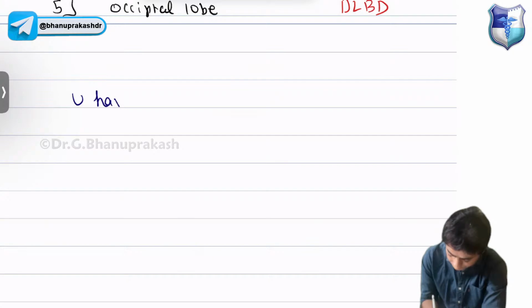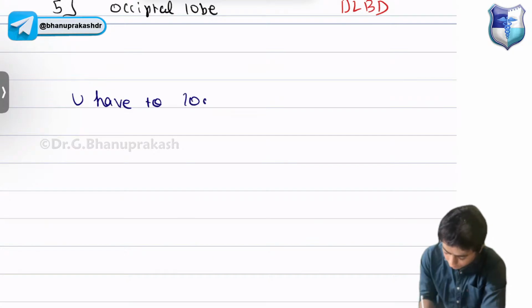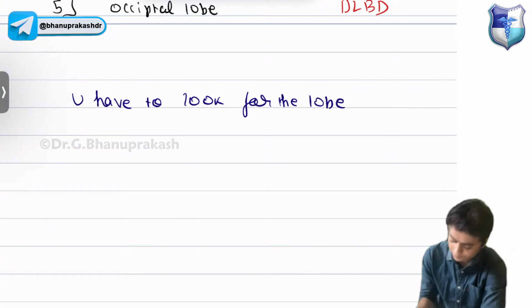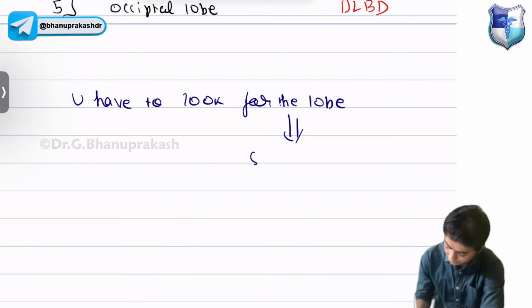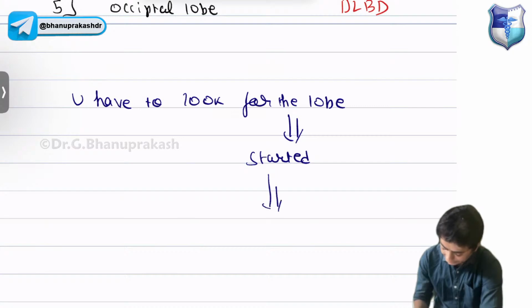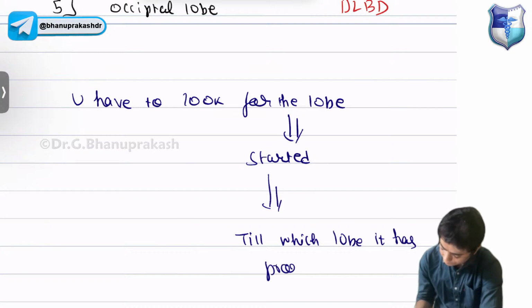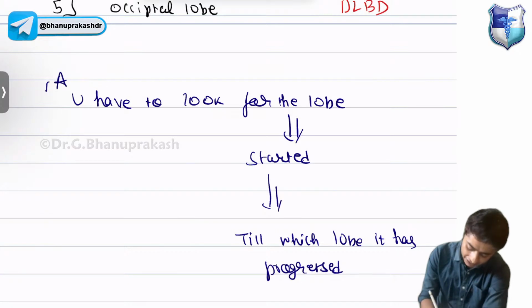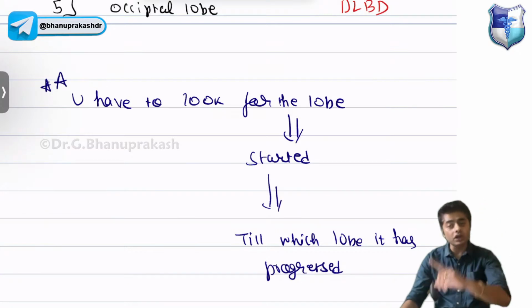So you have to look for the lobe from where it has started, and till which lobe it has progressed. Then you will be able to make the diagnosis. You first have to look at the lobe.